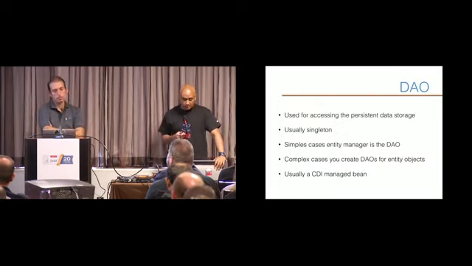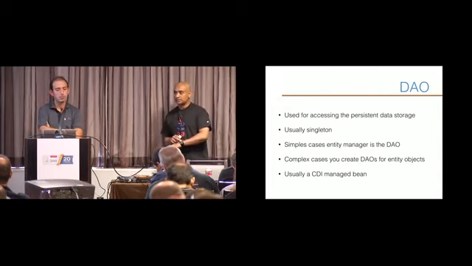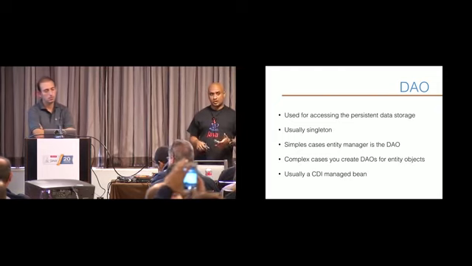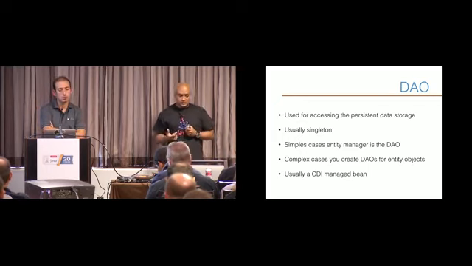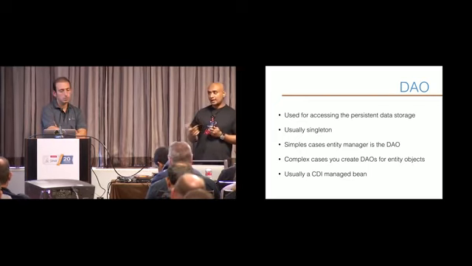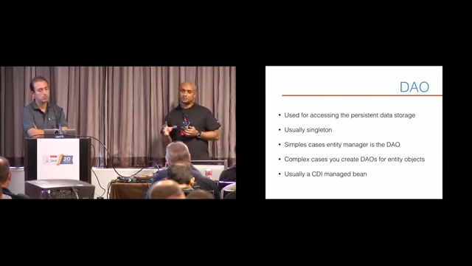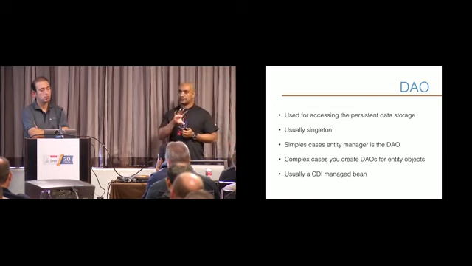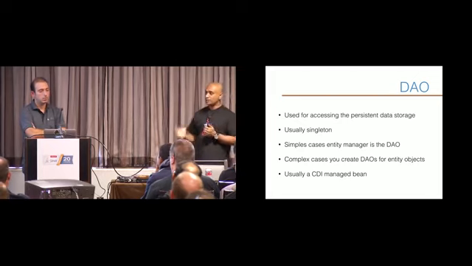The next related artifact or design pattern related to entities is called DAOs, or data access objects. What is the purpose of this? The purpose is that data access code is often very different from the rest of your application. You have your presentation tier, you have your business logic, and then you have your data access code.